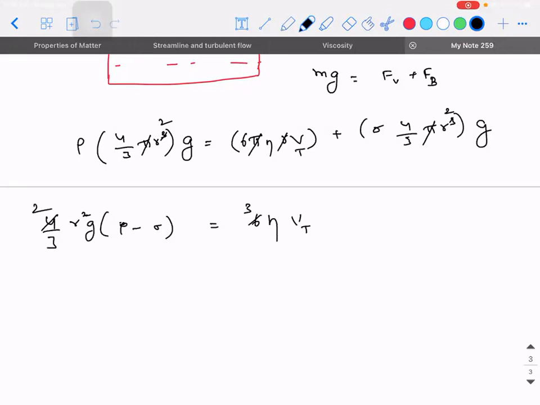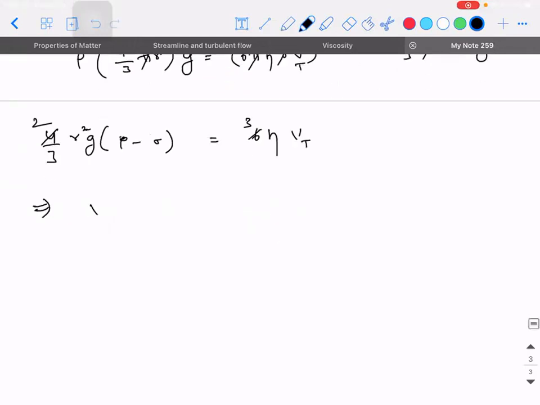So this will be 2 times, this will be 3 times, which implies the terminal velocity is equal to 2 by 9 times r square into g into rho minus sigma, the whole divided by eta. So 2 by 9 times r square g into rho minus sigma, the whole divided by eta.